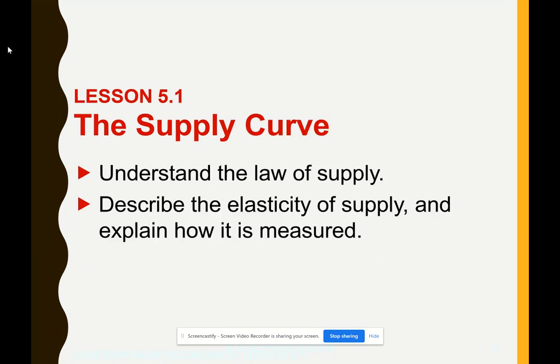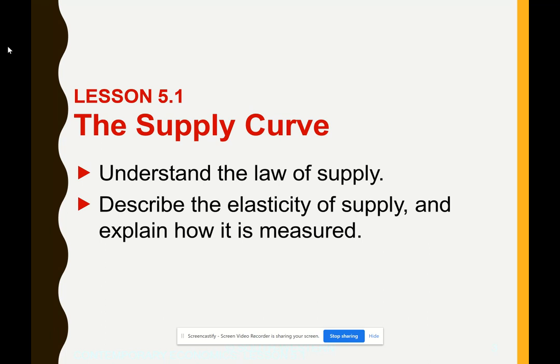So we're going to have to understand the law of supply, and describe the elasticity of supply and explain how it's measured. If we remember with demand, in chapter 4 I believe it was, we looked at the demand curve, elasticity of demand, and changes in demand.